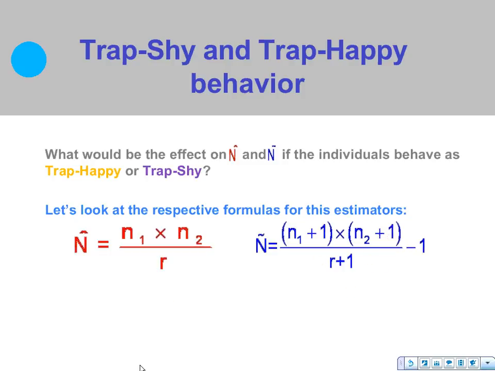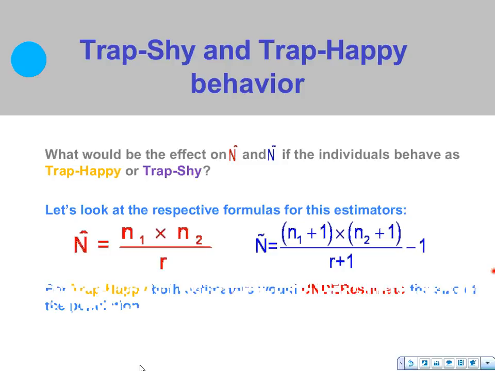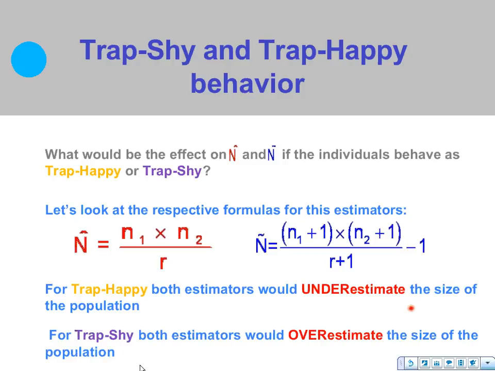So what happens to the estimates of the population size? Are they going to be above the true value or below the true value? Above. The true value, exactly. So with the trap-happy behavior, what we're going to see is an underestimate of the size of the population. The trap-shy behavior, which was what Paul was mentioning a minute ago, you're going to get exactly the opposite behavior, an overestimate of the size of the population.